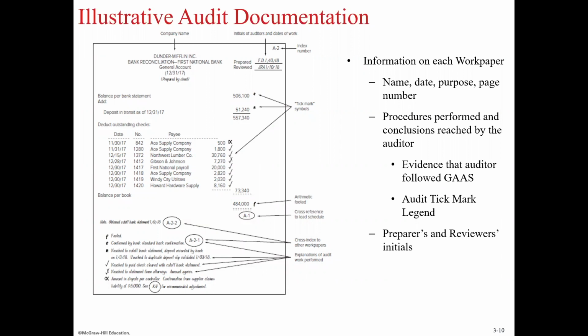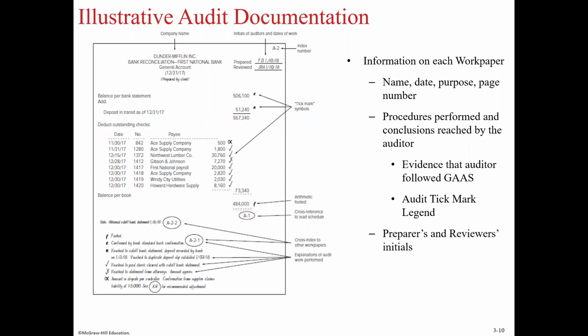You notice also up here that you get the initials and the date of the person who performed this audit procedure or step or tested this work paper, and who reviewed it and when they reviewed it. Then you've got these things called tick marks, right? Tick marks are just shorthand for how auditors reference the work paper they're testing.